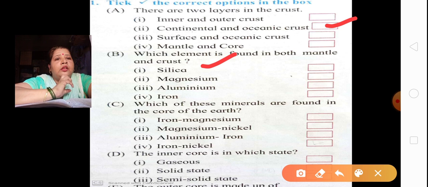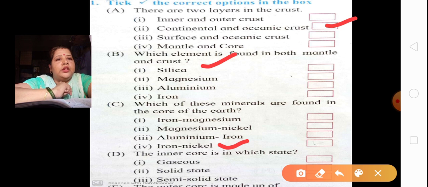Silica, magnesium, aluminium, iron. It is silica. Correct. Which of these minerals are found in the core of the Earth? Iron, nickel. Correct.